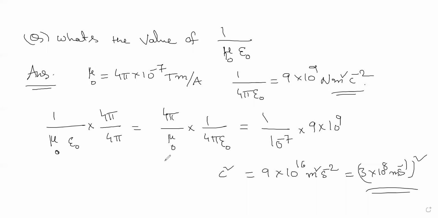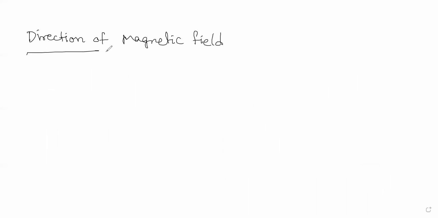The next part is the direction of the magnetic field. And how do we see the direction of the magnetic field? Suppose this is a conductor like this.